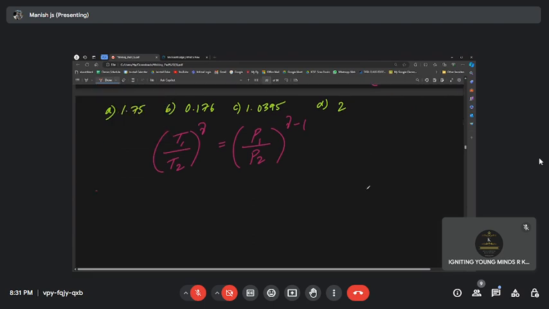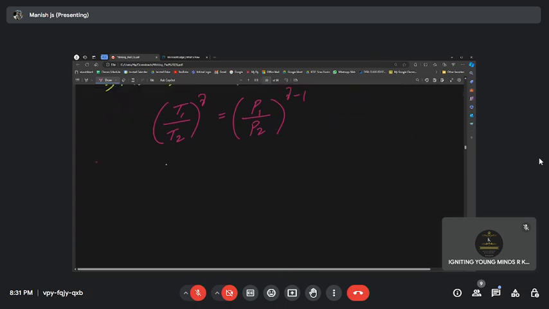Go ahead and substitute. We have initial temperature, everything in terms of Kelvin to be substituted. So you write this as 300 upon T2, which is basically 600. 300 upon 600 whole to the power of gamma. So what is the value of gamma here?